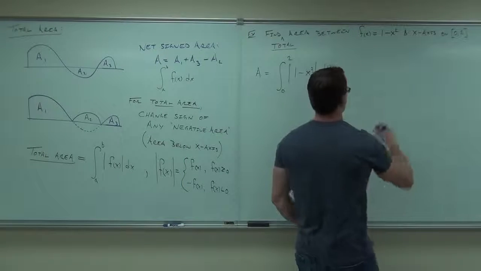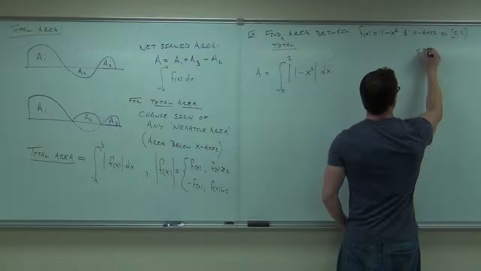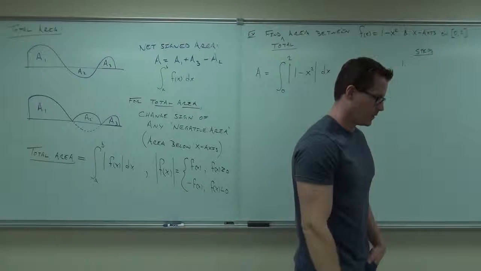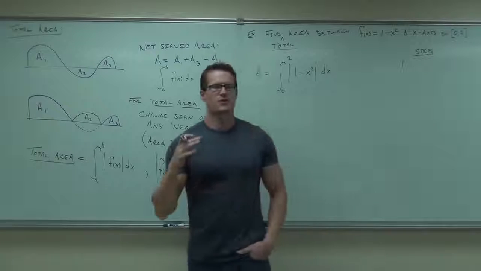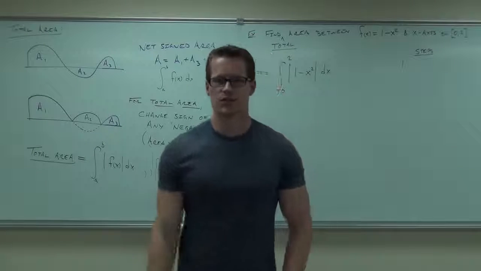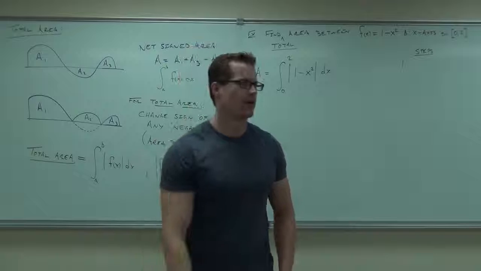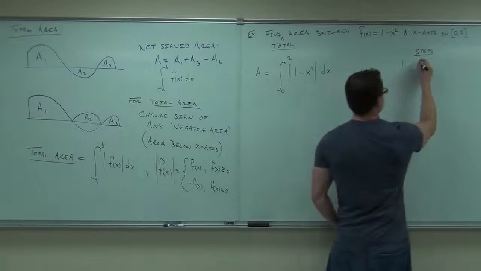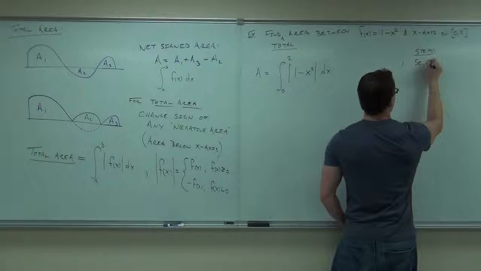Well, here are your steps. Step 1. You've got to set your function equal to 0. Do you know why you've got to set your function equal to 0? X-intercepts. Not y-intercepts, x-intercepts.